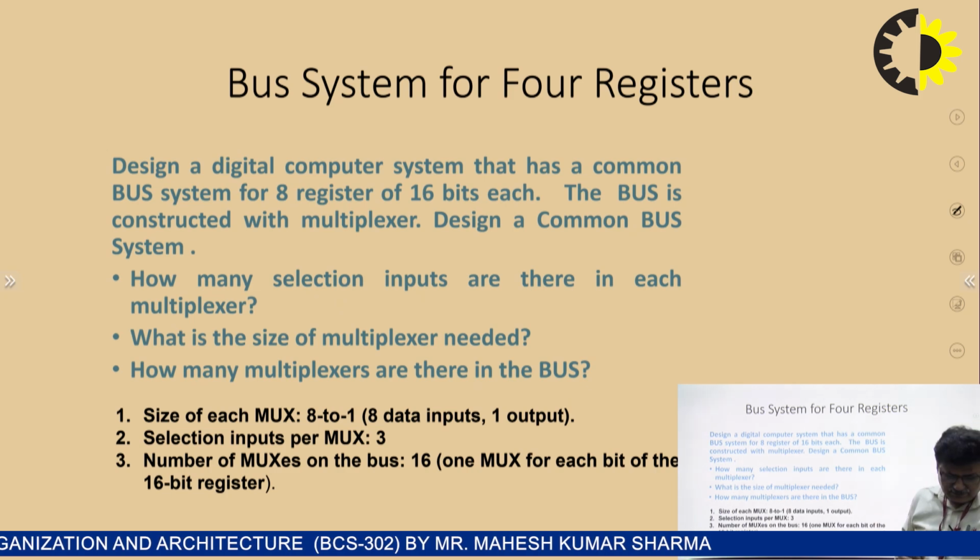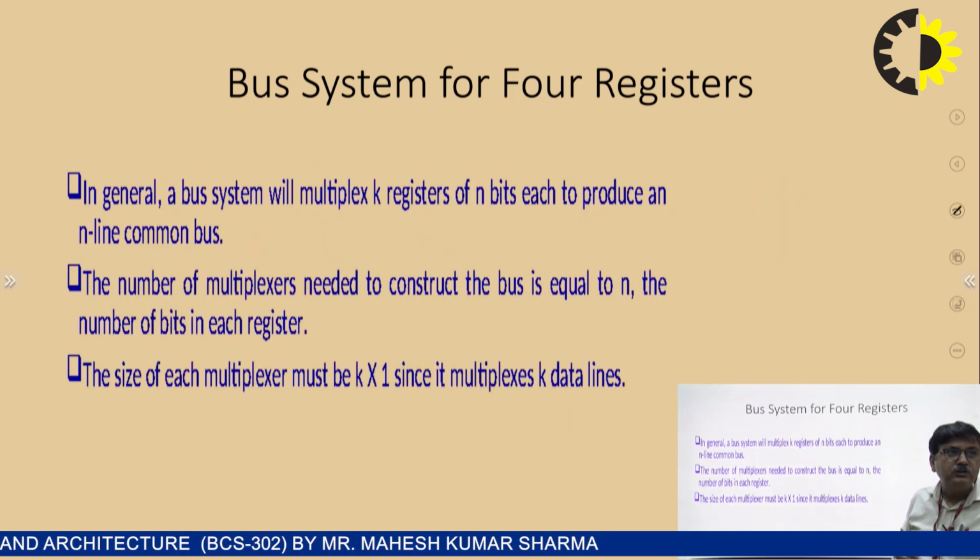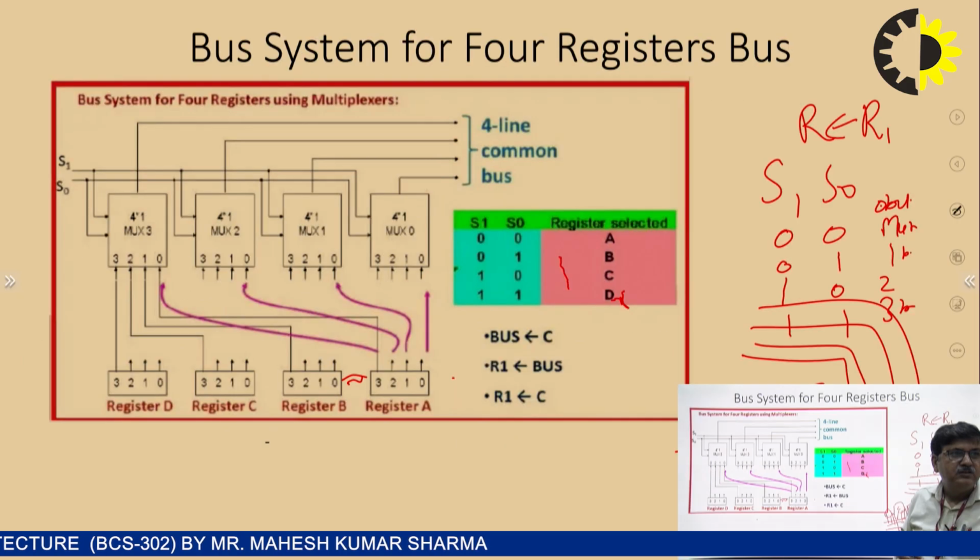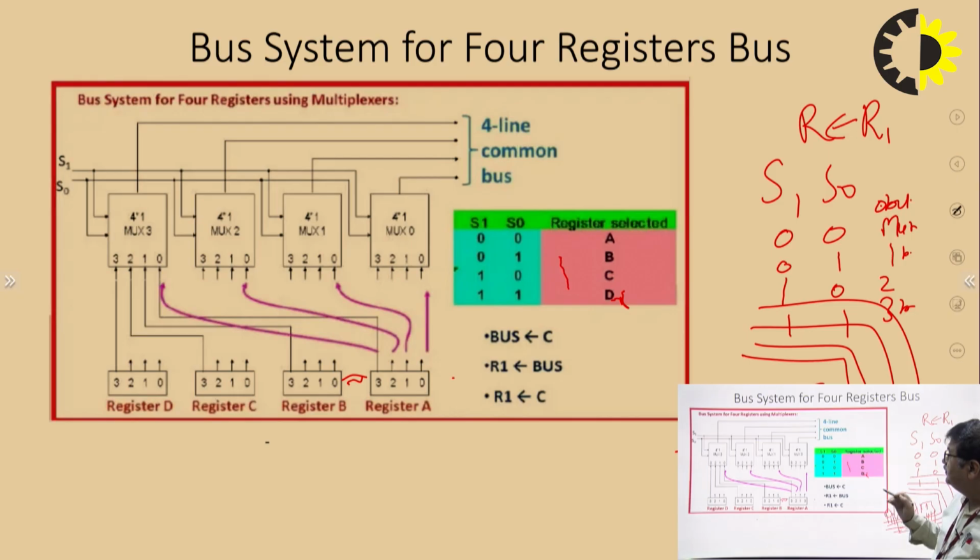Let us look into the diagram once again. How many multiplexers are required?